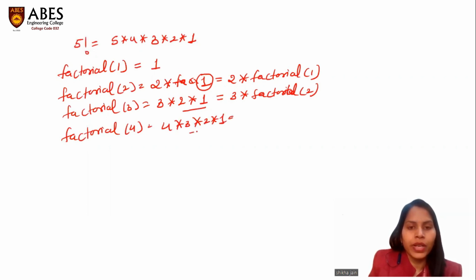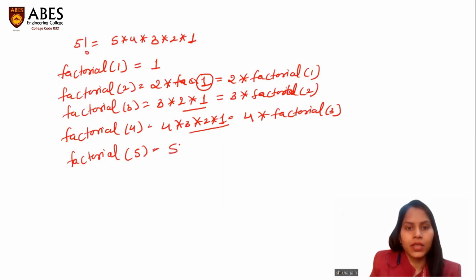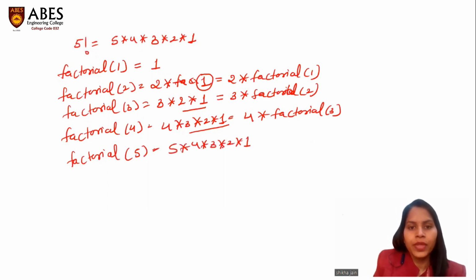And 3 into 2 into 1 is factorial 3. So we can write it as 4 into factorial 3. Similar case for factorial 5. It is 5 into 4 into 3 into 2 into 1, and this 4 into 3 into 2 into 1 can be written as 5 into factorial 4.